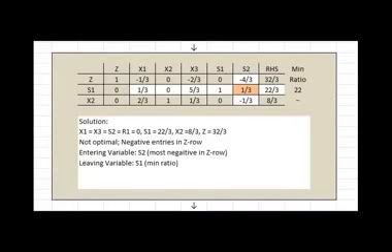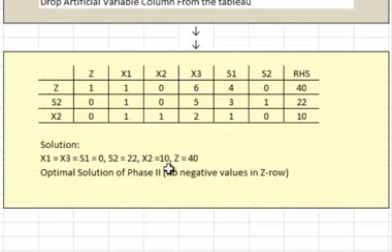As we process that, we will end up with a final tableau and the final solution. In this case, solution is x1 and x3 and s1 equals 0, s2 value is 22, and x2 value is 10, with the z value optimum to be 40. This is a very simple process.